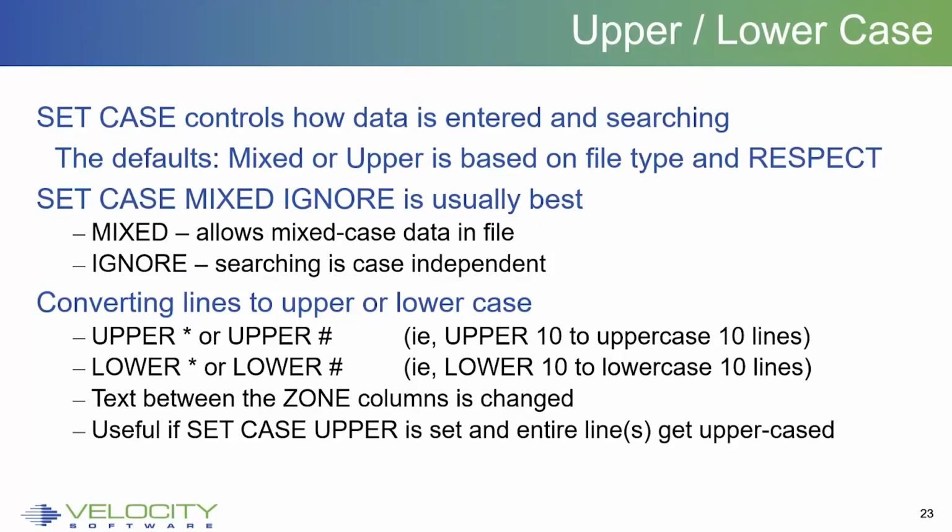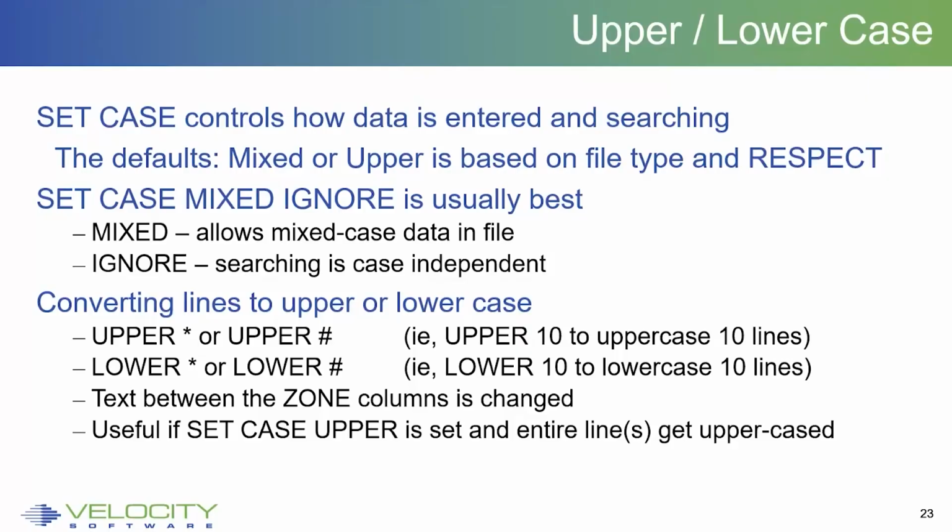For converting lines, if I type a line in lowercase and I'm currently in set case mixed, it's going to leave it all lowercase. I can use the upper command with a number after it, like upper 10 to uppercase 10 lines, or conversely lower, which does lowercase for the entire line. And then the text between your set zone, whatever zone of columns that you currently have, that's what's translated to upper and lowercase using those commands.